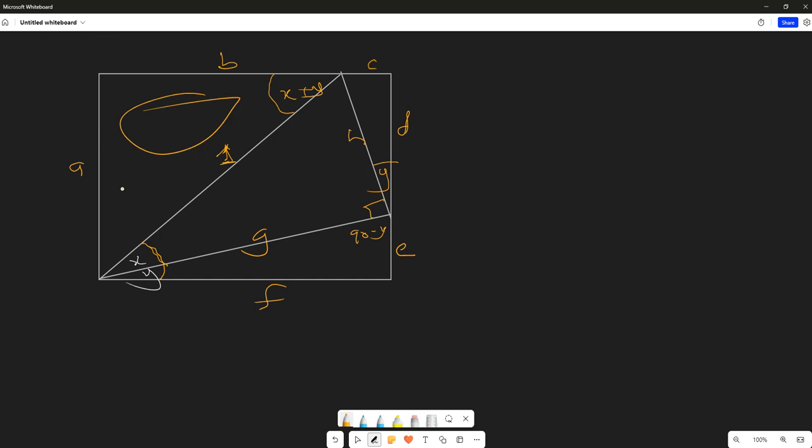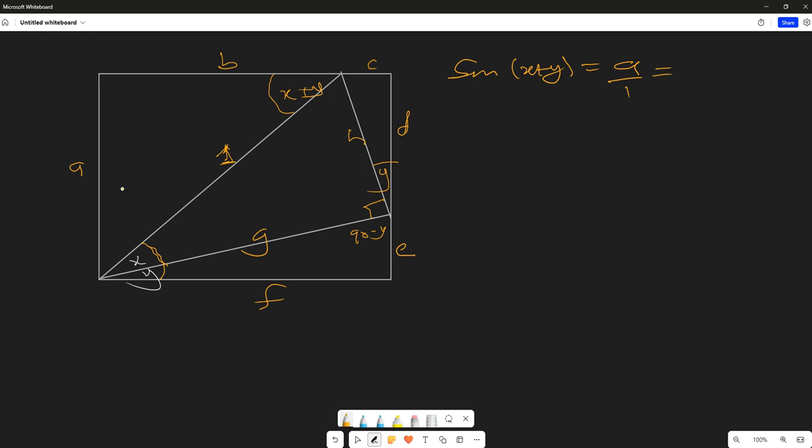Then we use this triangle to find the value of the sine of the angle x plus y, which is equal to the opposite, which is A, over the hypotenuse, which is 1.